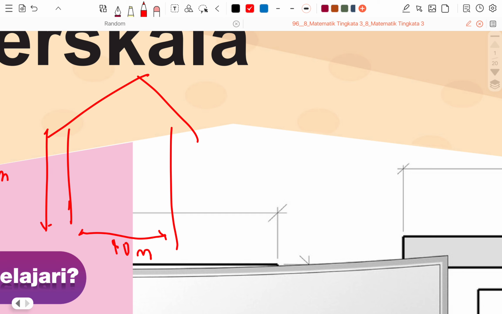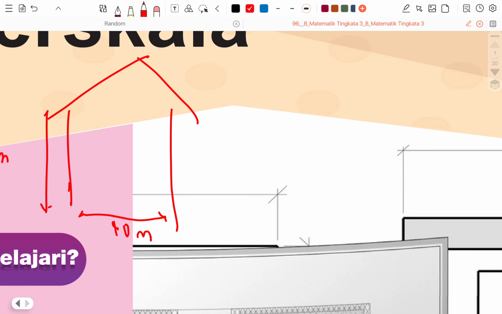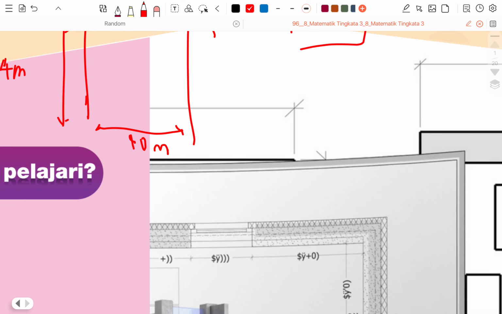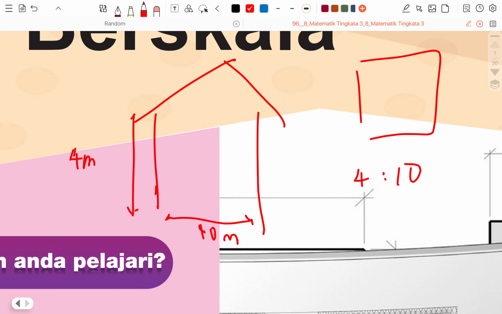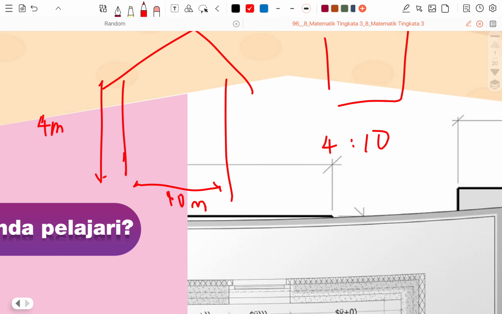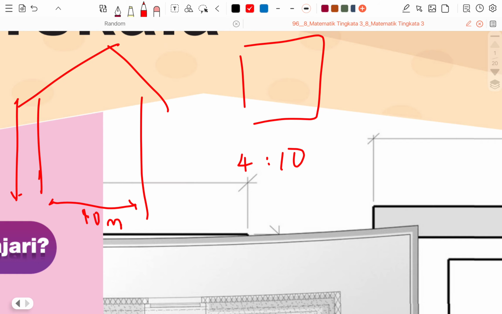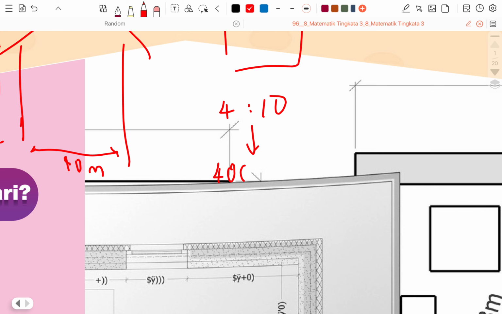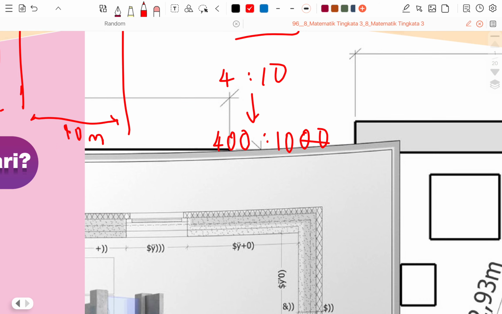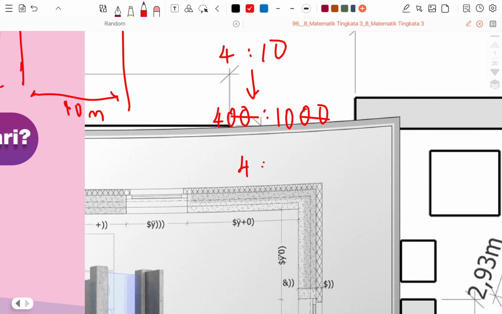try to make it easy to read? They bring out a piece of paper, and for example, the length is 4 meters and the width is 10 meters. They are going to change this into cm first, which is 400 to 1000, and then they want to scale this as accurately as possible.